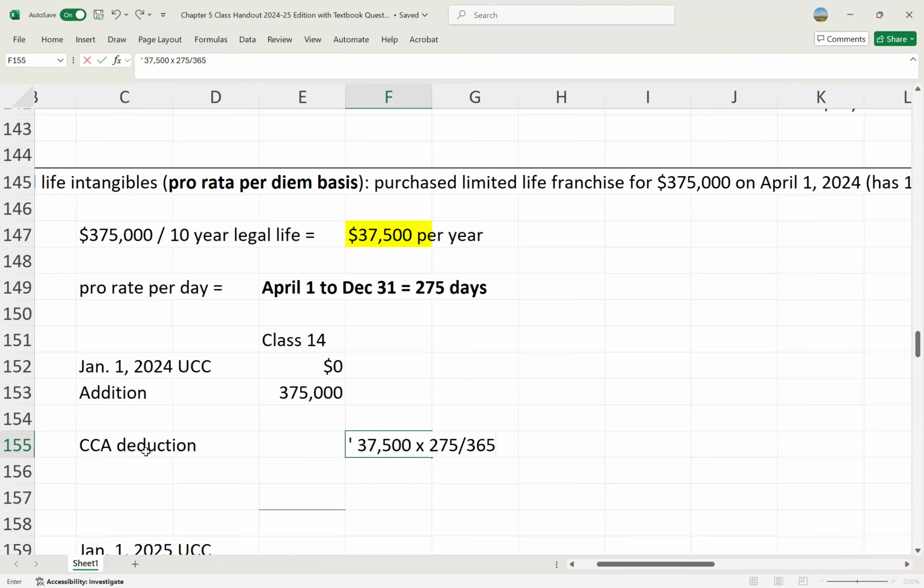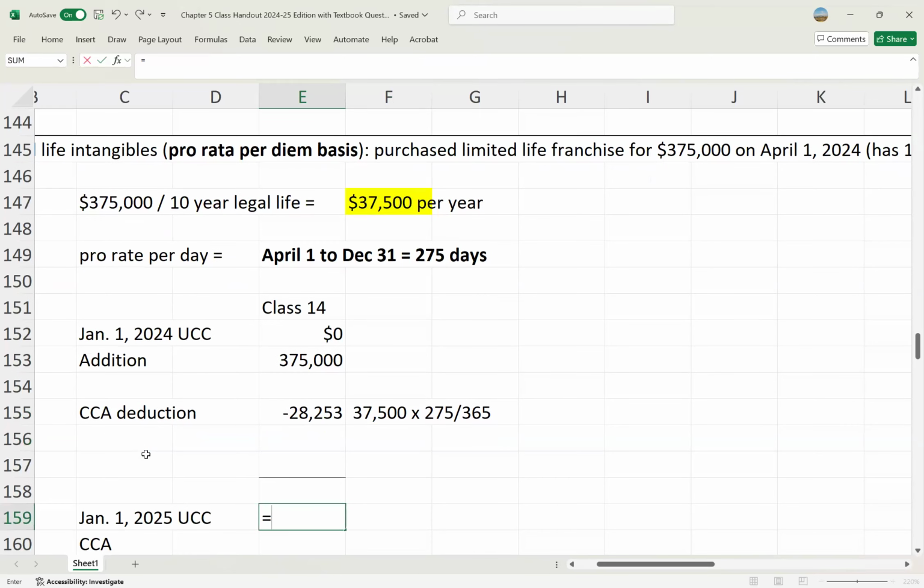And so we work through that calculation. We should get a CCA deduction of 28,253. Let me just double check that. Yeah, 28,253.